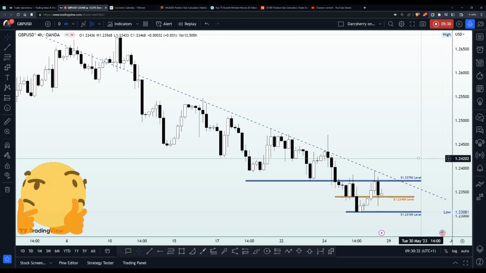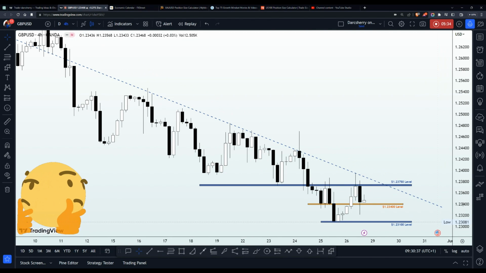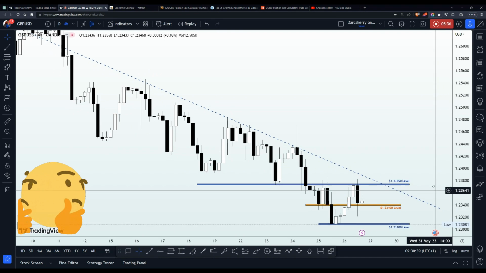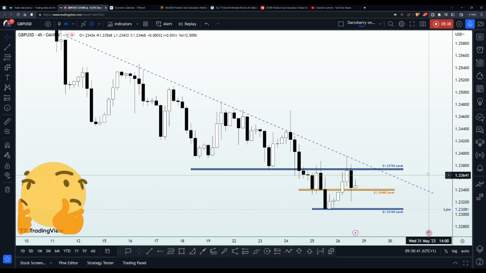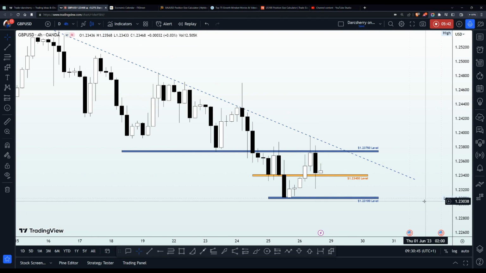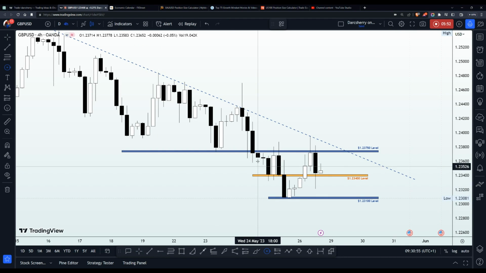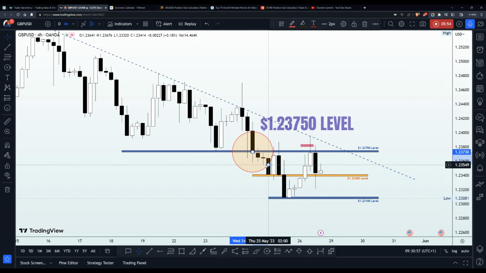But it's not all the time that price action does this, and in that regard, we want to keep our options as open as possible. To help guide our trading activity for this week, I was able to identify a simple setup here. As you can see, throughout the course of last week, we had a situation where price action broke down the 1.23750.